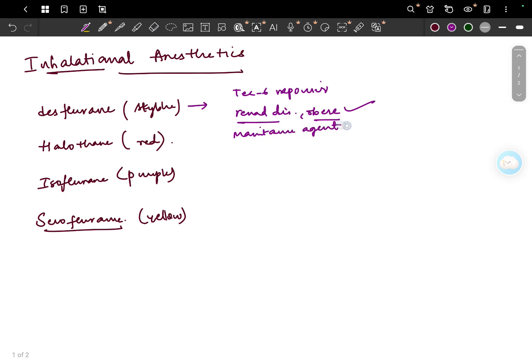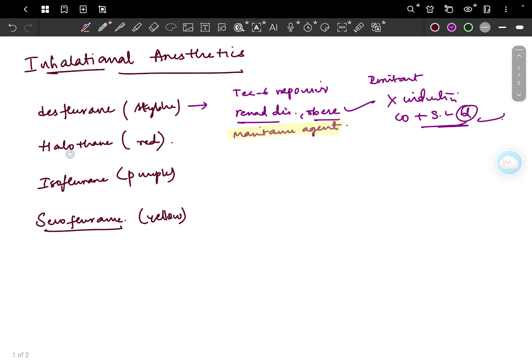It is actually an irritant, and is not used for induction for this reason. And CO with desiccated soda lime will be coming out. So this is the main choice for the maintenance agent.